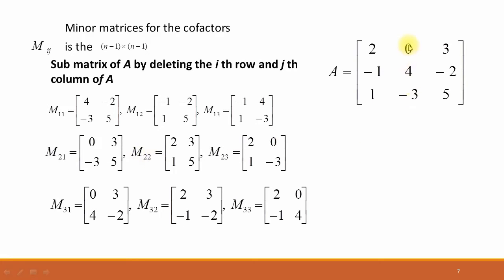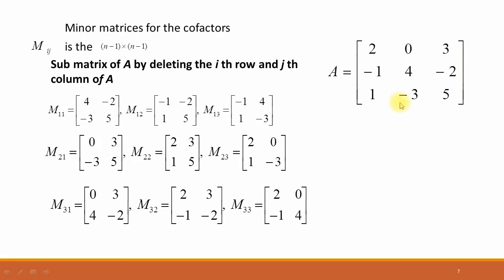M22 means delete the second row and second column. The minor matrix M22 contains the elements 2, 3 and 1, 5. Now the minor matrix M23 means delete the second row and third column. Then the minor matrix contains the elements 2, 0 and 1, minus 3.